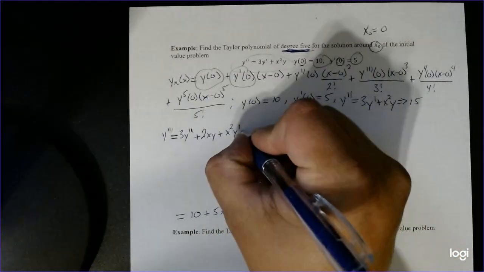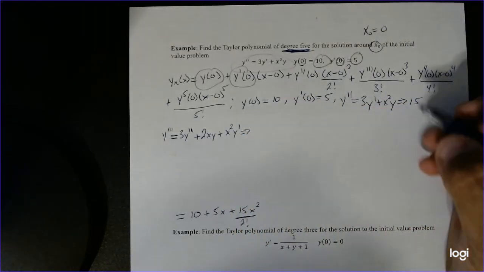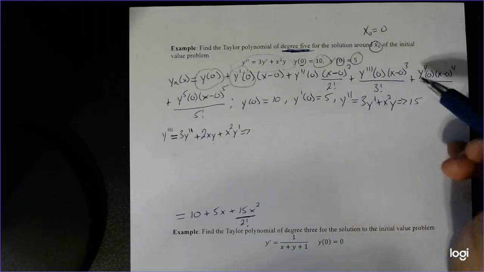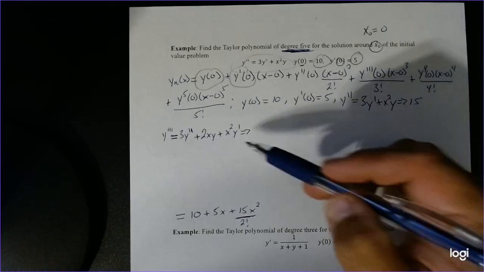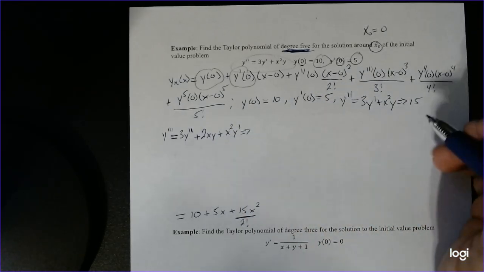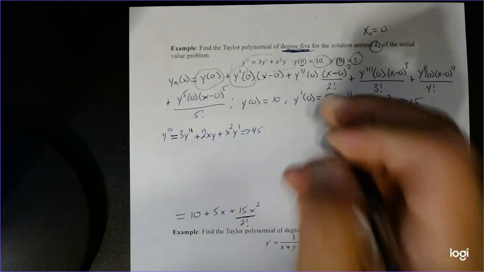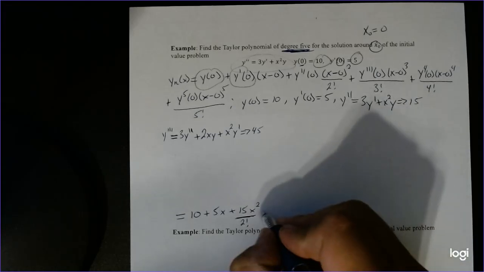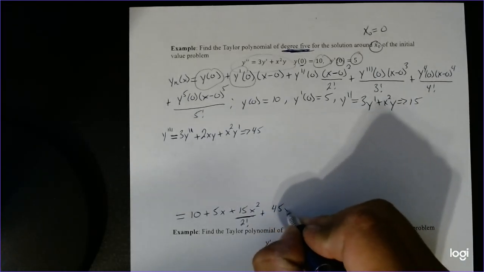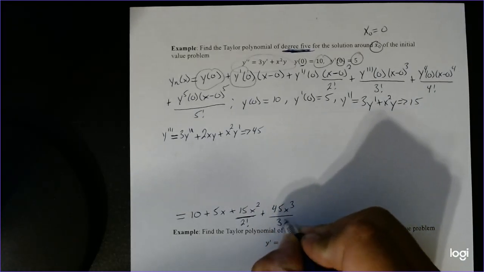If you plug in 15, 5, 10, and 0, we will get 45. So the next one is going to be plus 45x to the third over 3 factorial.